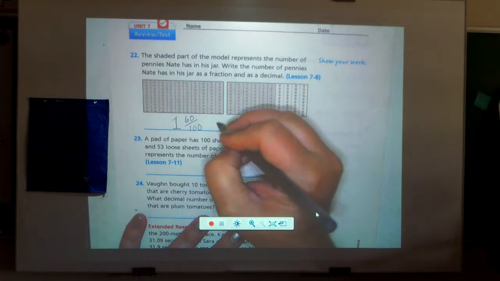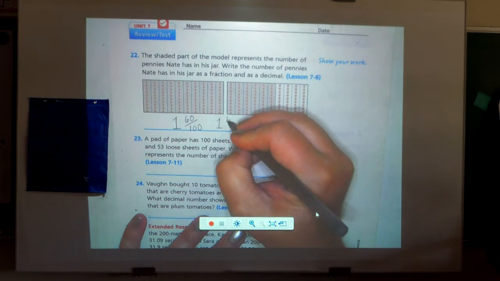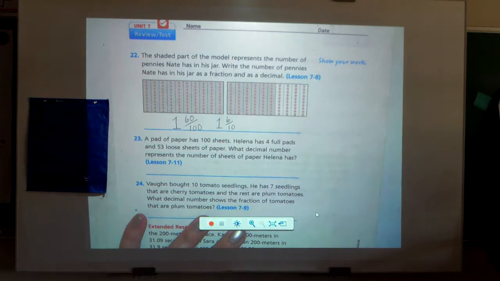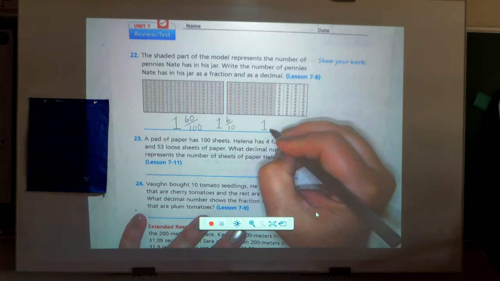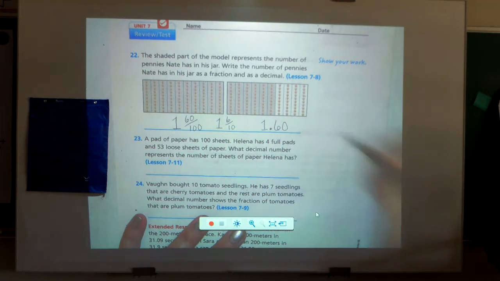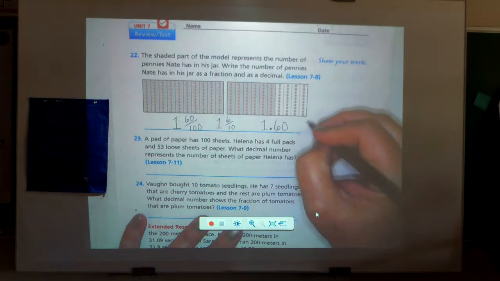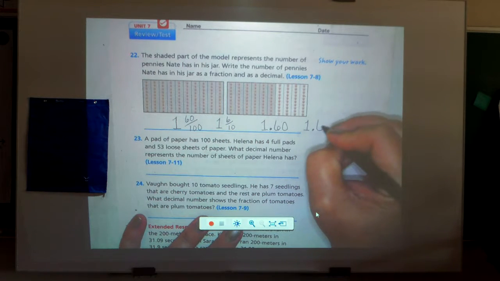Another fraction name for that is 1 and 6/10. And if I look at those, 1 and 60 hundredths would be that, and 1 and 6/10 looks like that.